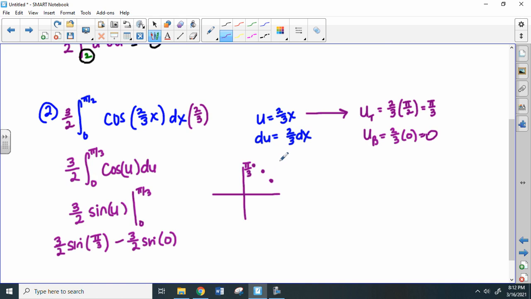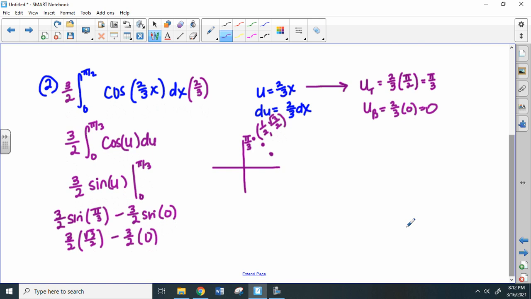When I do my hand trick, my ordered pair is 1/2 and the square root of 3 over 2, and the sine value is the second one. So this becomes 3/2 times the square root of 3 over 2. Just so I'm showing you the work, sine of 0 is 0, you should definitely know that, and that goes away. I can squeeze this together a little bit, so I get 3 square root of 3 over 4.